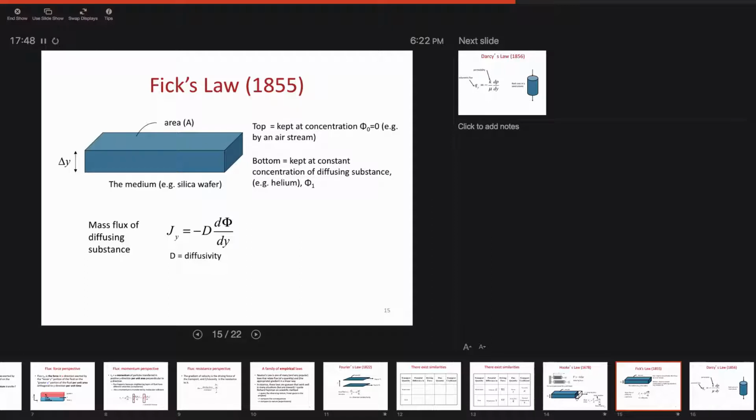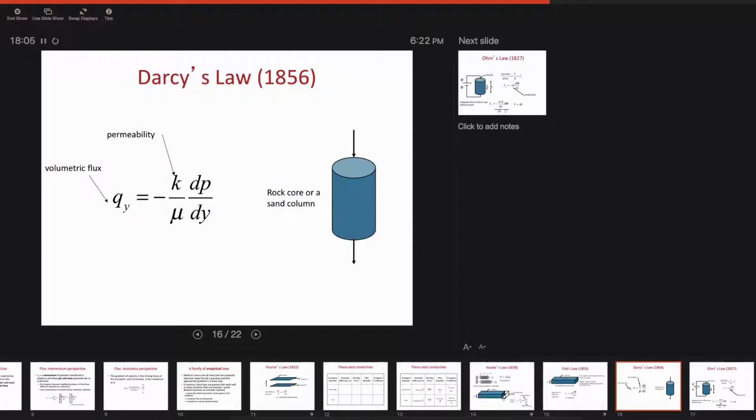So in that sense, my phase stays the same, but there's still something moving within. And I'm looking at the difference in concentrations in this direction, and my coefficient now is called diffusivity. Okay? So that's the mass flux.